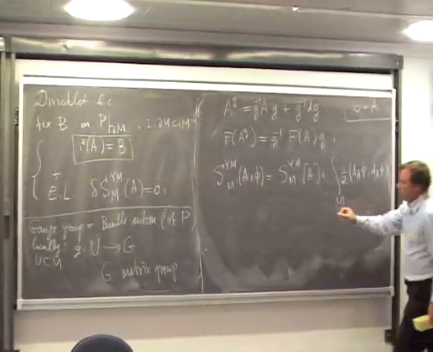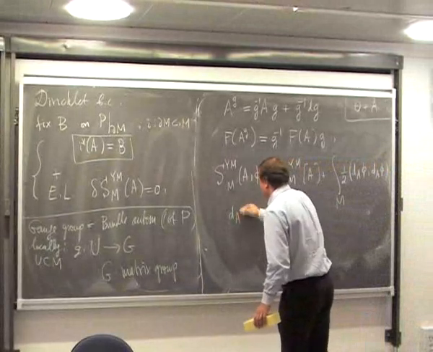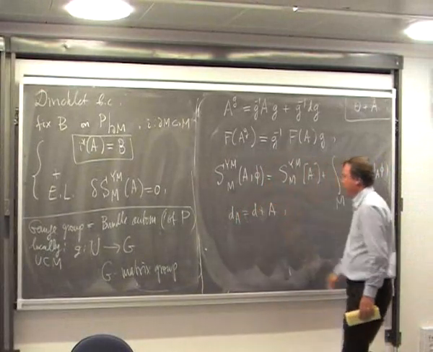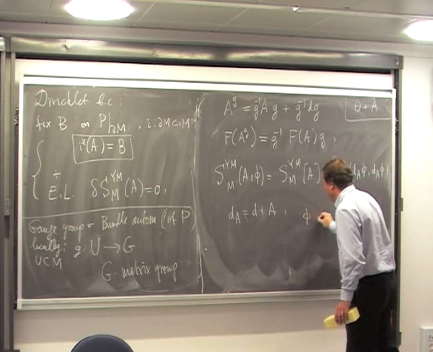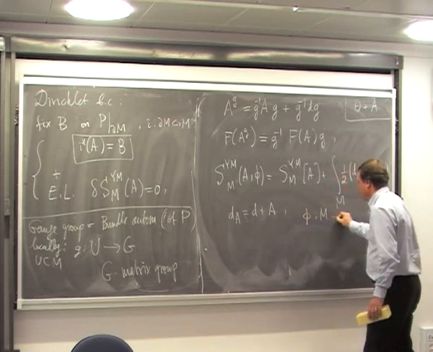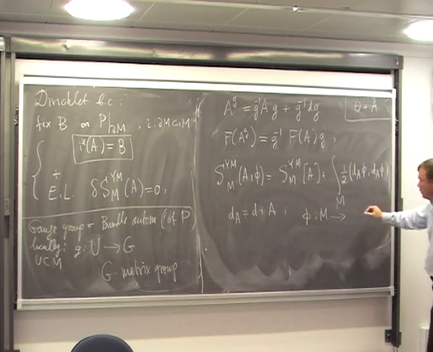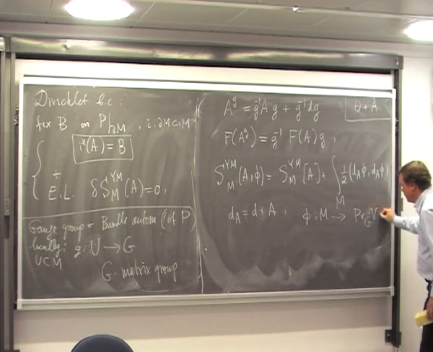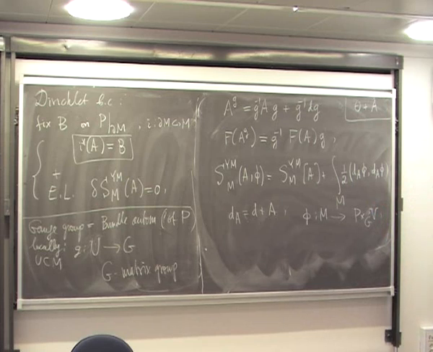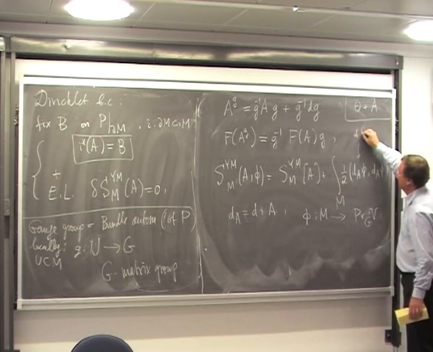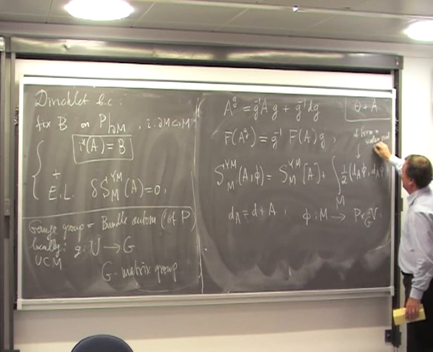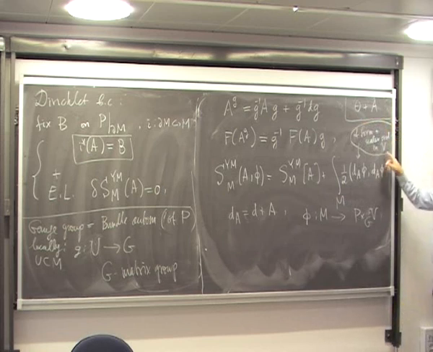So d_A is the covariant derivative with respect to A. Phi is this section of the bundle of matter fields, and the scalar product is the scalar product of forms plus the scalar product in V. So these are V-valued forms.